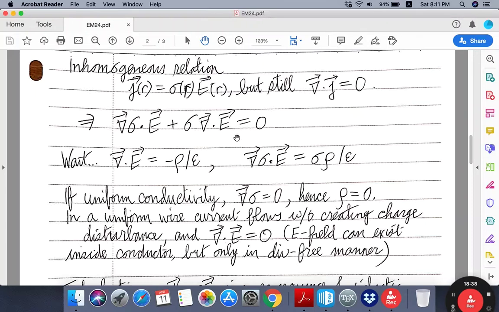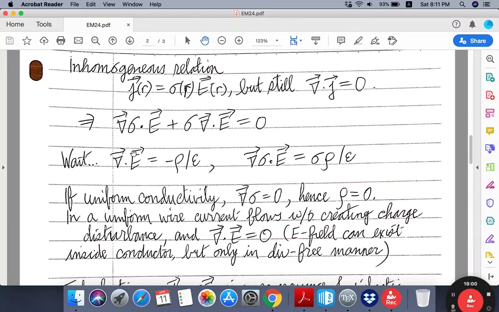But what shows up here is the divergence of the electric field, which we know from one of Maxwell's equations to be related to the local charge density.